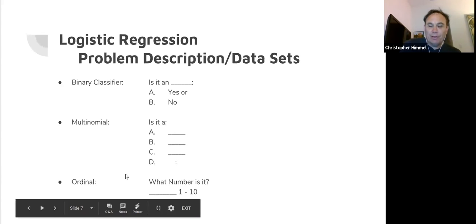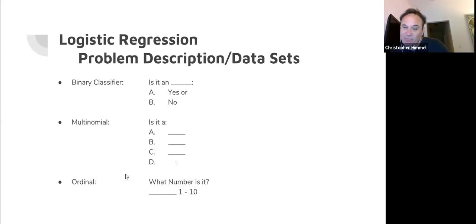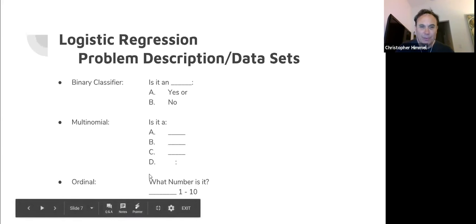And another example of this is very similar to multinomial, just stated in a little bit different way. If we have a set of integer numbers that we're trying to guess, like how many people are there in the picture, then we're actually going to do what's called an ordinal.